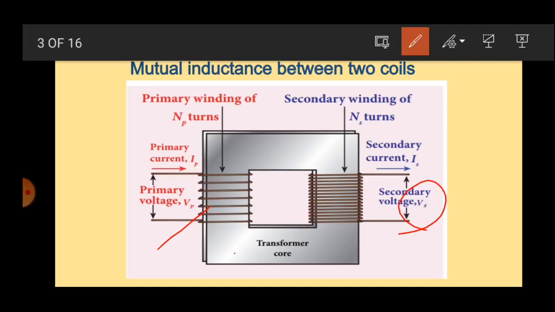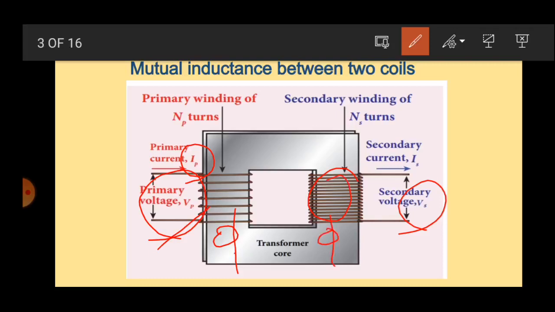Now the AC input, or alternating voltage, is applied across the primary coil. The continuously varying current IP in the primary coil produces a varying magnetic flux phi, which in turn produces a varying magnetic flux in the secondary coil.